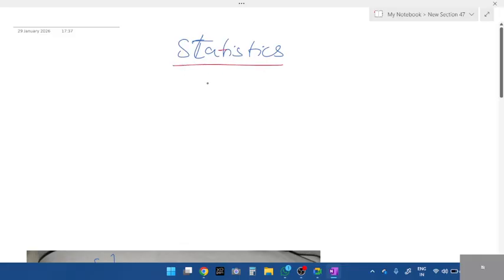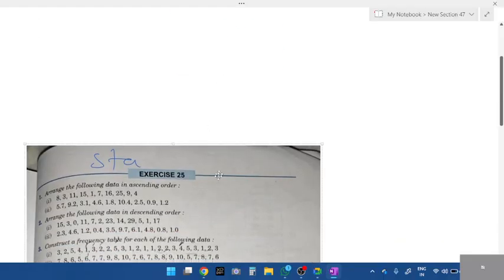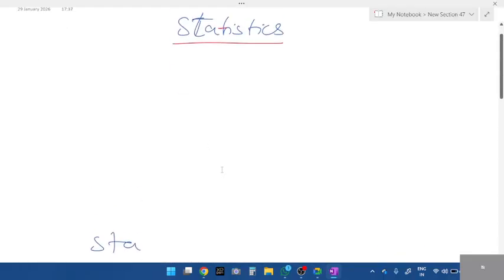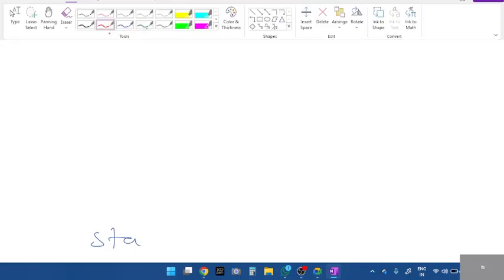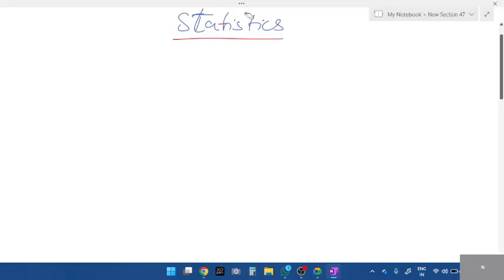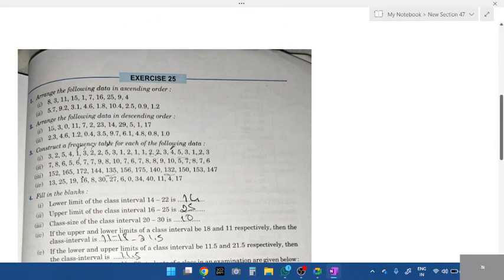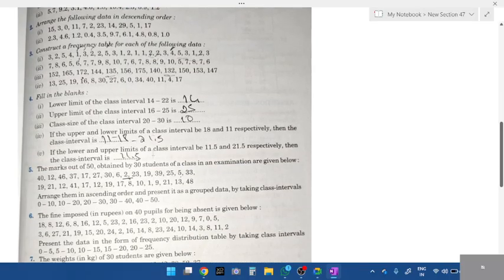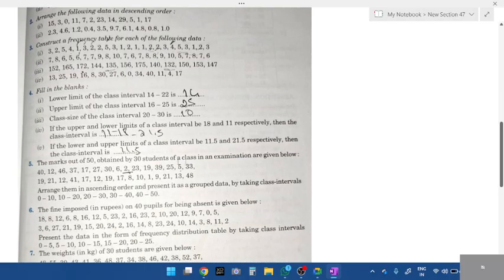Statistics. You'll have only one exercise in statistics. Arrange in ascending order, arrange in descending order, construct a frequency distribution, upper limit, lower limit, class interval, marks out of 50 students.